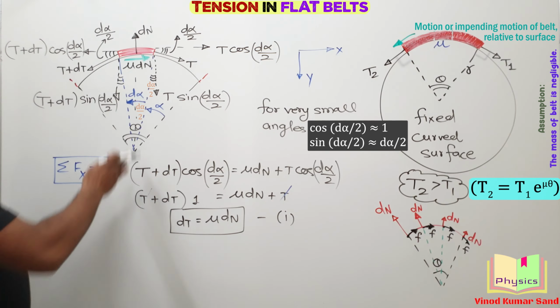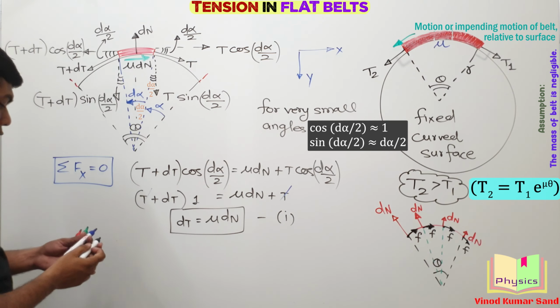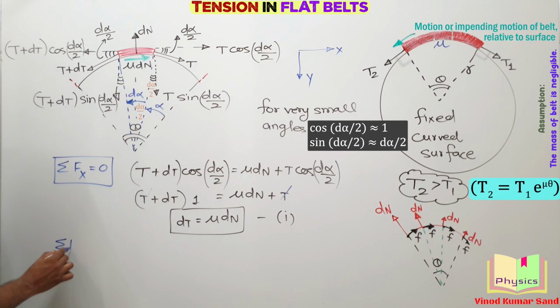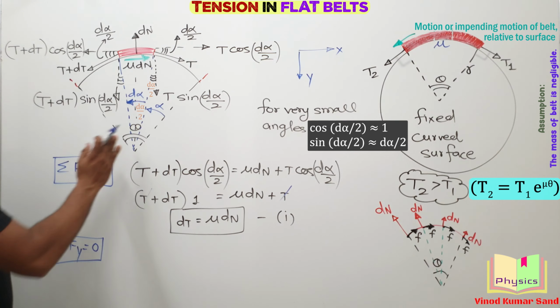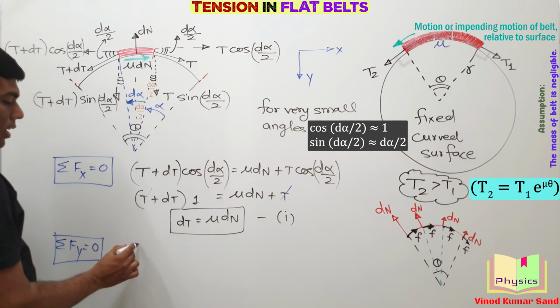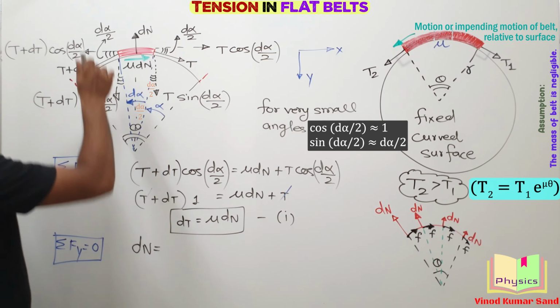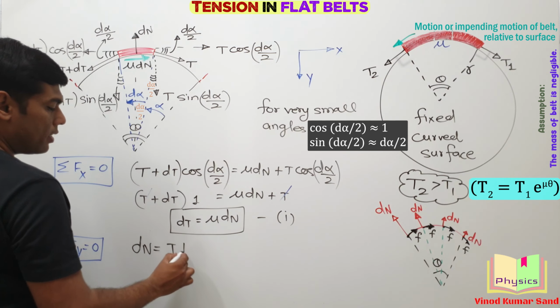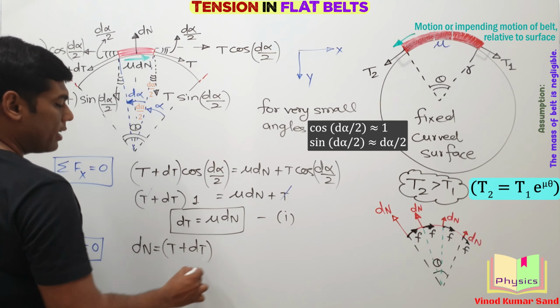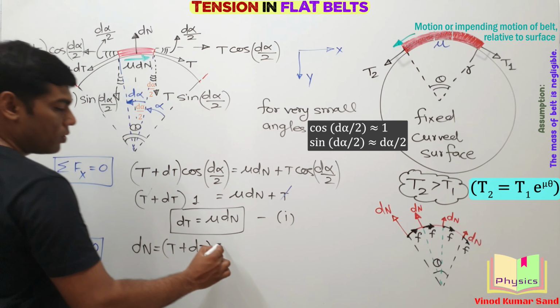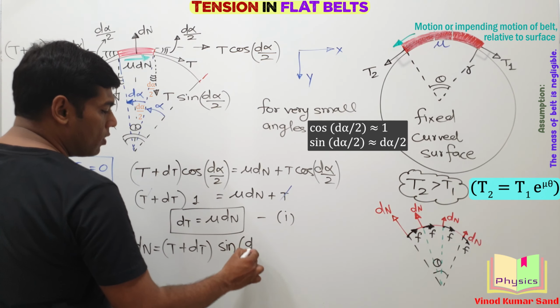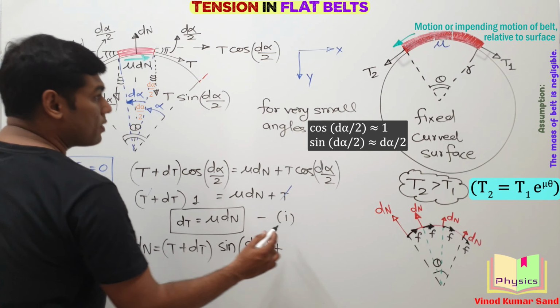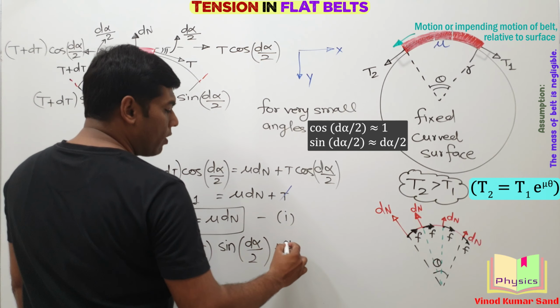Now we are balancing the forces in y direction. Sigma Fy must be equal to 0. So here is a force dN and here are the forces (T plus dT) sine d alpha by 2 plus T sine d alpha by 2.